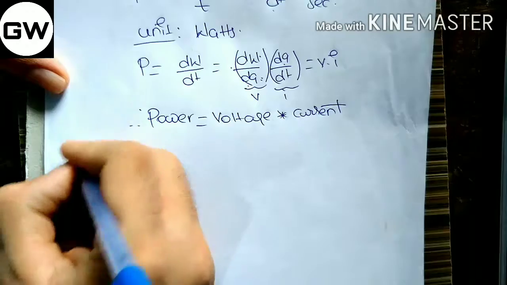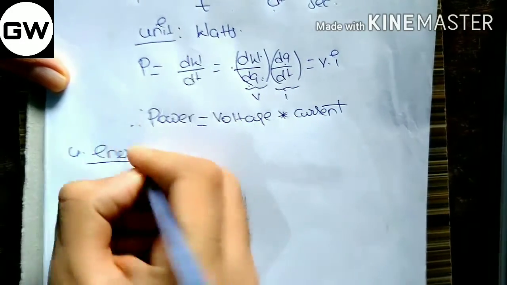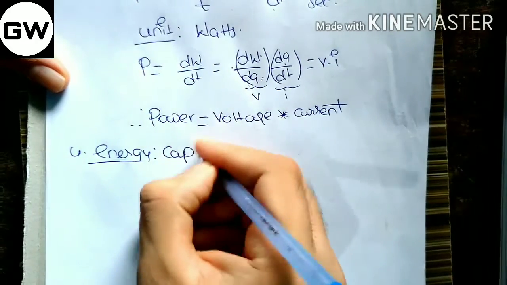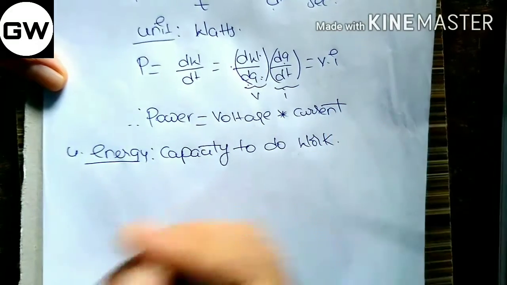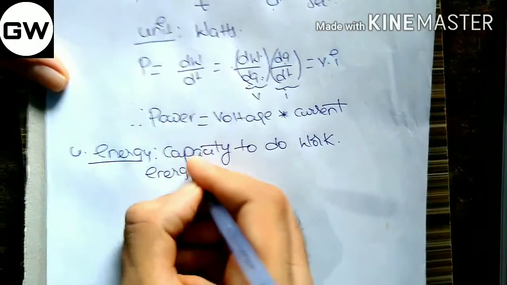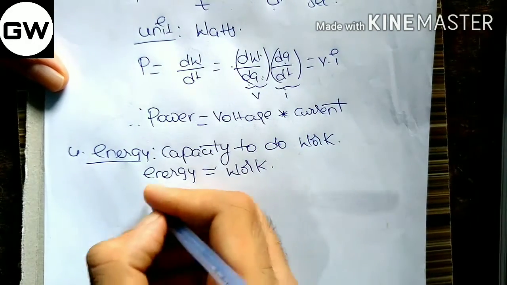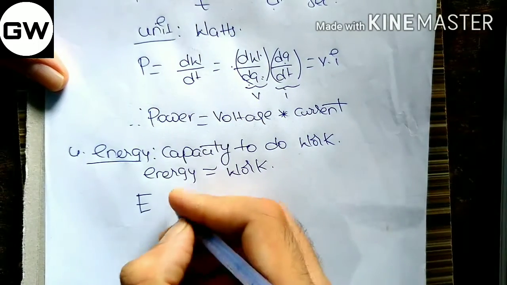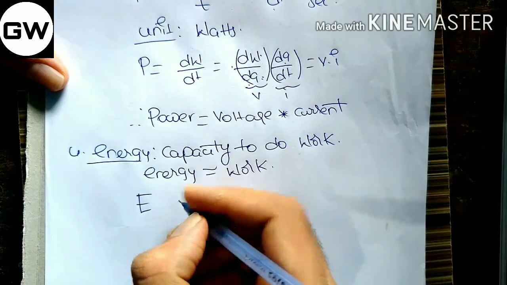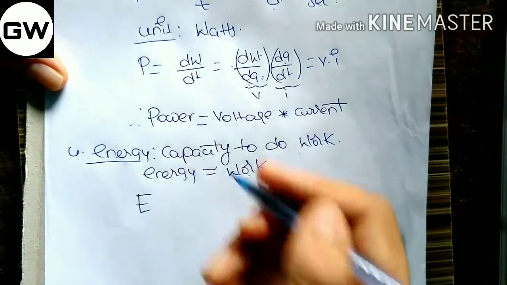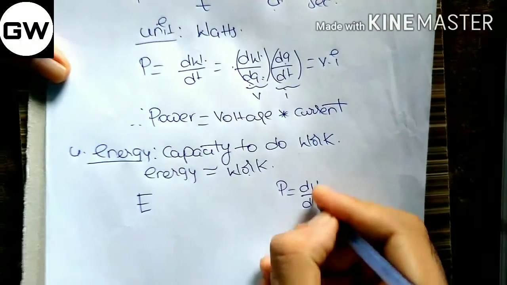Now the fourth parameter we'll be discussing here is energy. Energy is nothing but the capacity to do work. Basically, energy is nothing but work done. It is denoted by the letter E. We know that P is equal to dW upon dt.